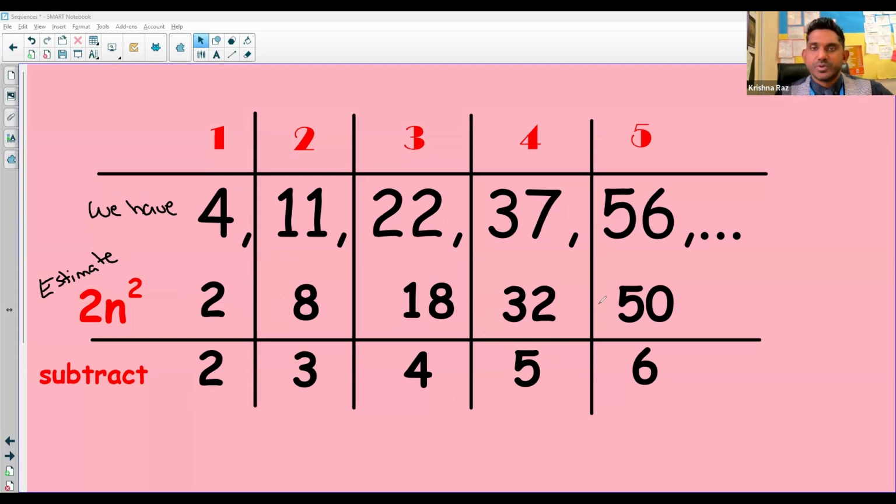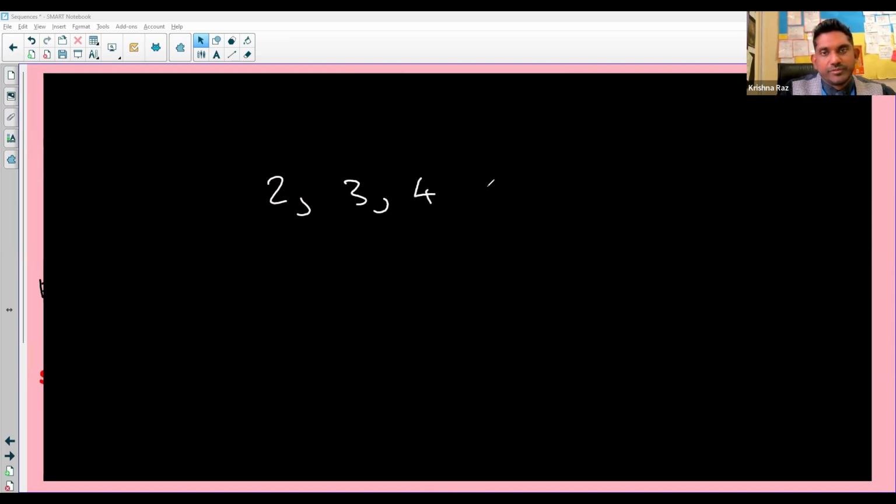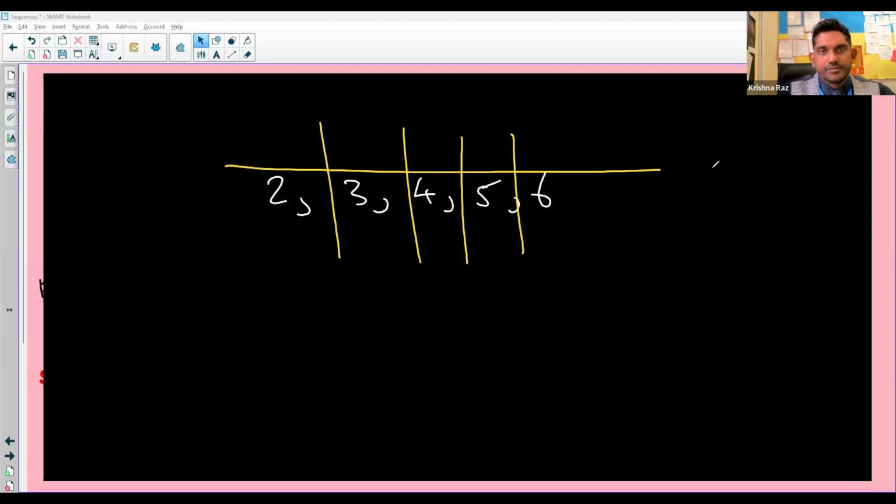Now what we're going to do is find the difference between the two sequences. So if we do 4 take 2, we get 2. 11 take 8, we get 3, and so on. This in itself is a sequence. So if I were given the sequence 2, 3, 4, 5, 6, and asked to find the nth term, I would turn it into a table, label that 1, 2, 3, 4, 5.